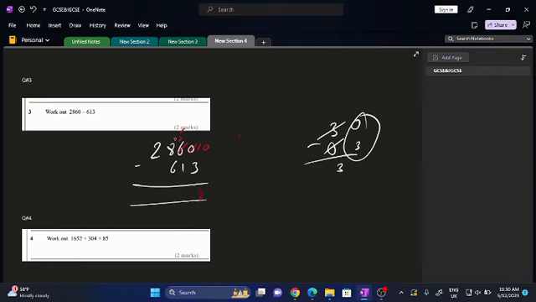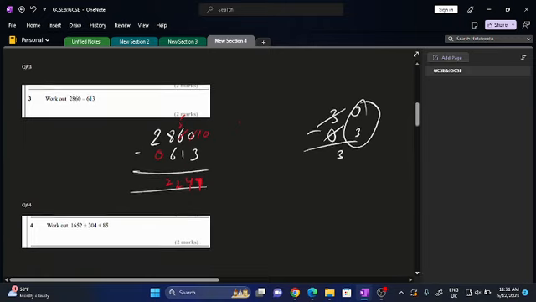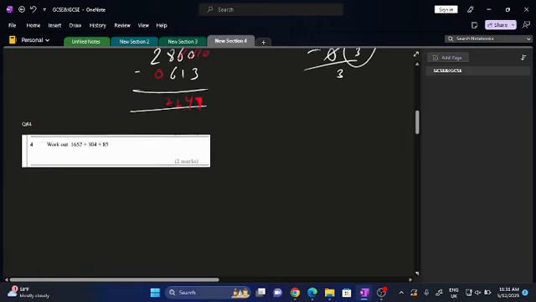Now this is 5. 5 minus 1 is 4. 8 minus 6 is 2, and at the bottom, in line with 2, there is nothing. It means that there is 0. So 2 minus 0 again gives you 2. So your final answer would be 2248. This is 7 actually. 2247. That would be your final answer.